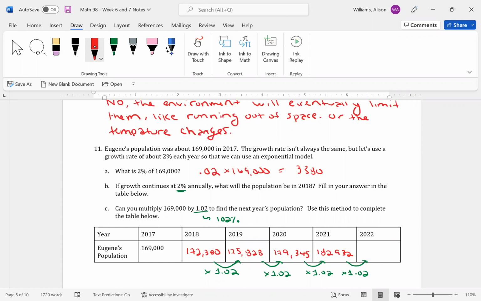Okay, so timesing by 1.02 again. I'm getting 186,590.